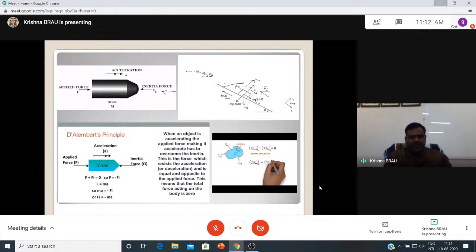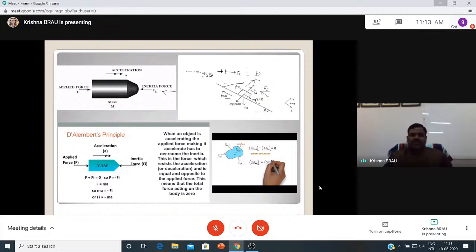So that's why it is negative, minus F plus Fi, the inertia force, is equal to 0.